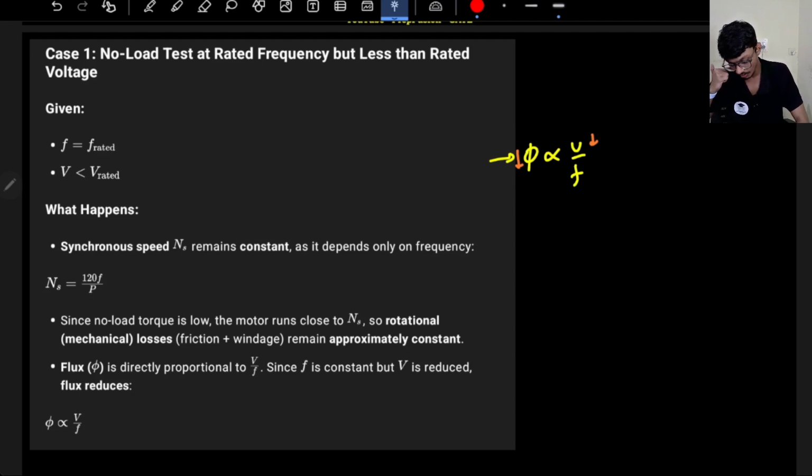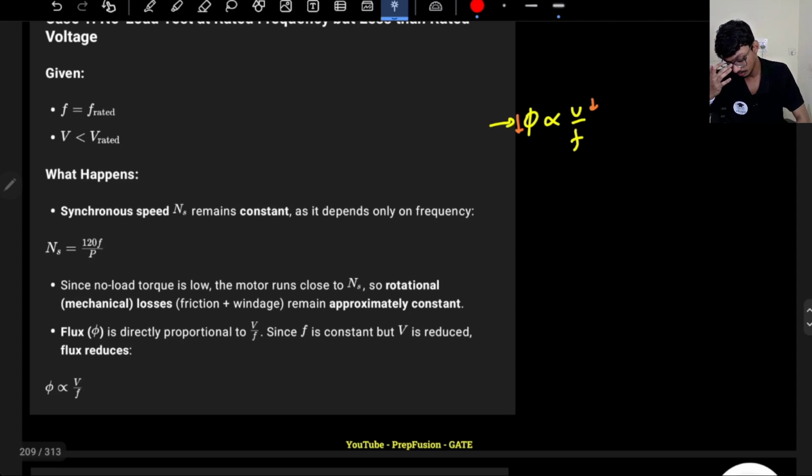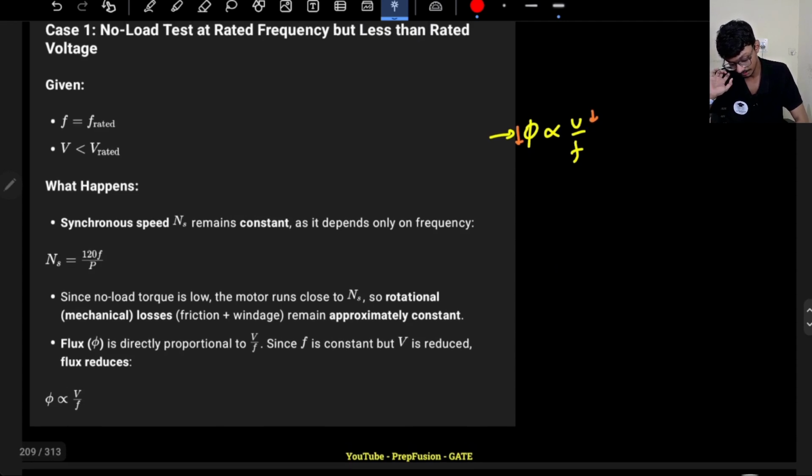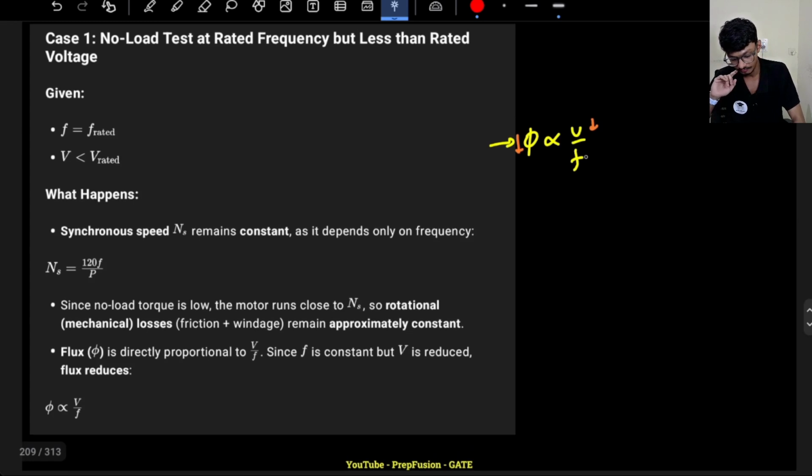But what will be the problem? There will be a few problems, we will discuss those. Synchronous speed will not change, because synchronous speed depends on frequency, and F has not changed, so no problem. The no load frictional loss, the friction and windage loss, that is the mechanical loss, also will not change, because my motor at no load mainly runs at synchronous speed.